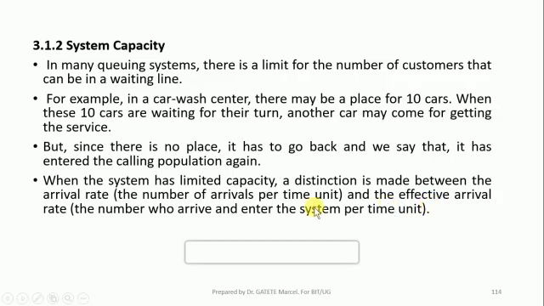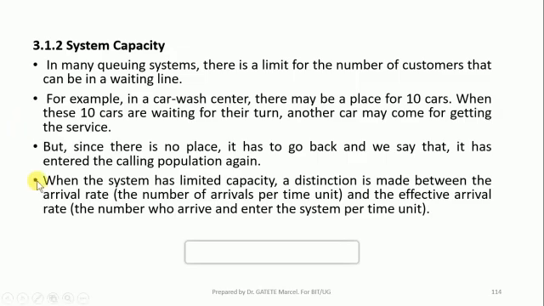A distinction is made between the arrival rate, the number of arrivals per time unit, and the effective arrival rate, the number who arrive and enter the system per time unit. When we have a limited capacity, there will be a difference. The number of arrivals per time unit means all people coming in 1 hour.